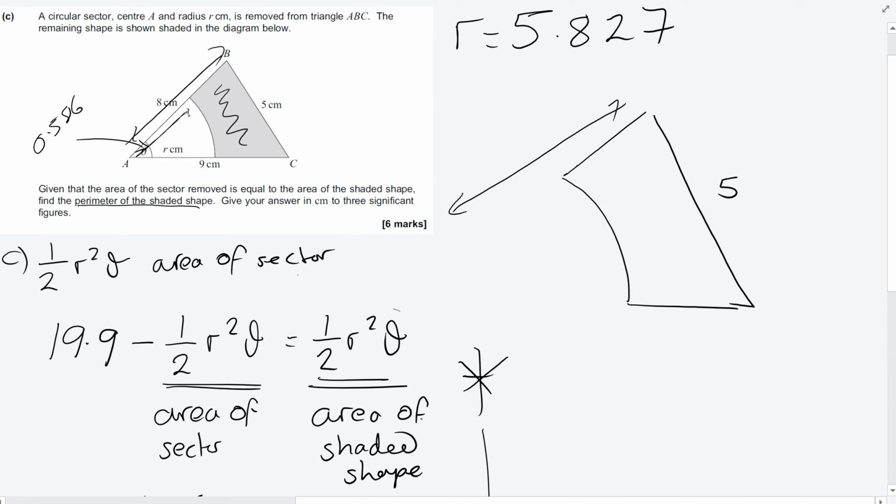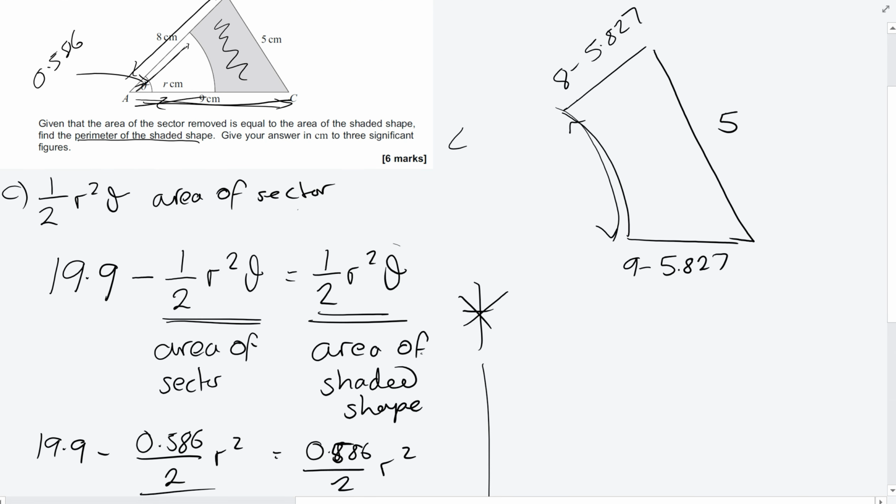Take away the radius, so this top bit here is 8 minus 5.827. And this bottom one is the same thing, 9 take away a radius. So 9 minus 5.827. This bit here is the arc length of the original sector.